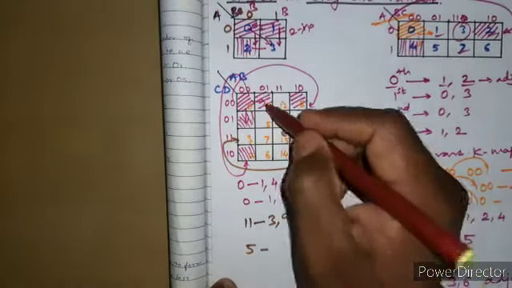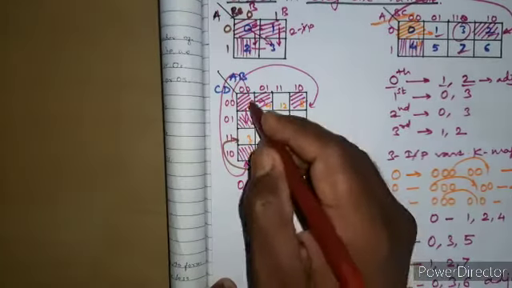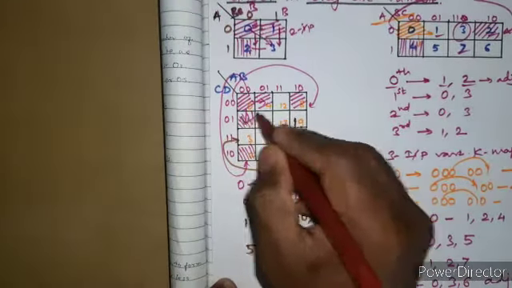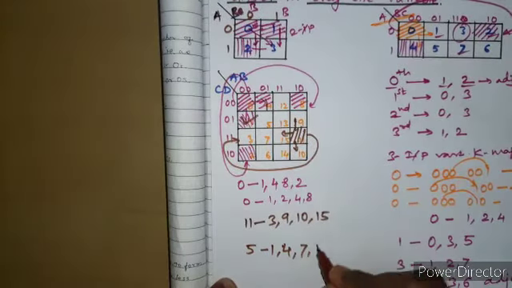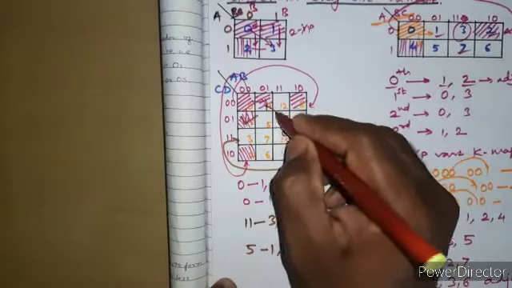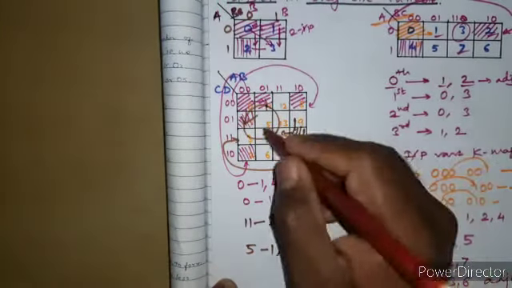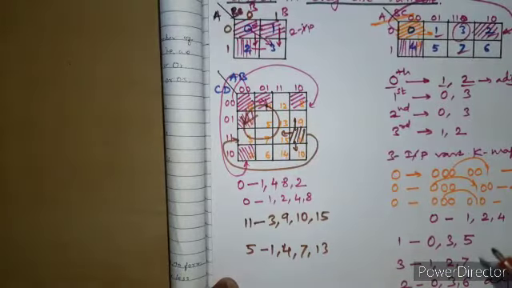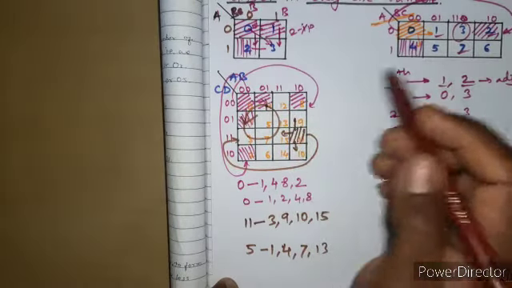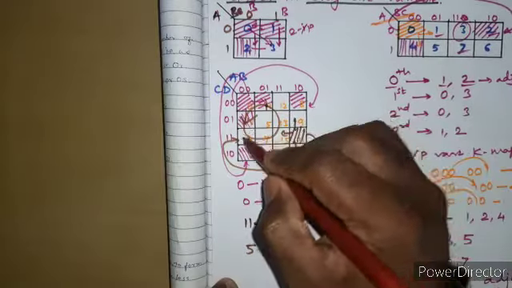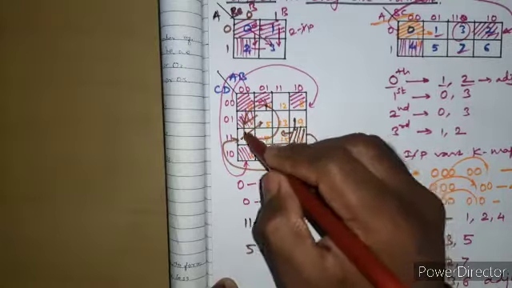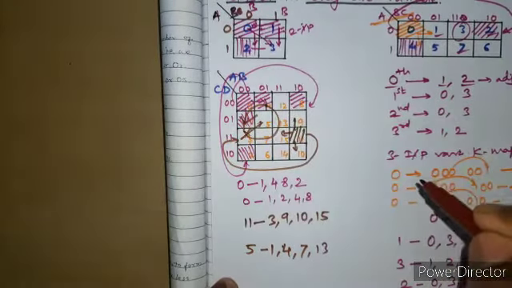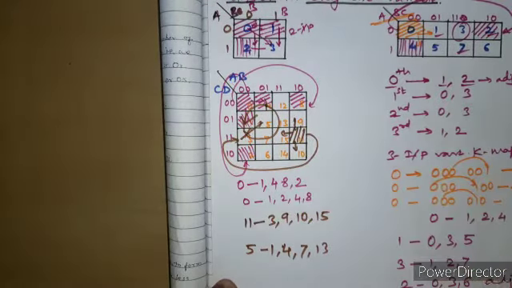Now if we consider 5, then we have adjacent cells 1, 4, 7 and 13, because they are very close neighbors of this cell 5. Diagonally, as we said, the cells cannot be adjacent, so we cannot consider 3 and 12. This way you can find out the adjacent cells.